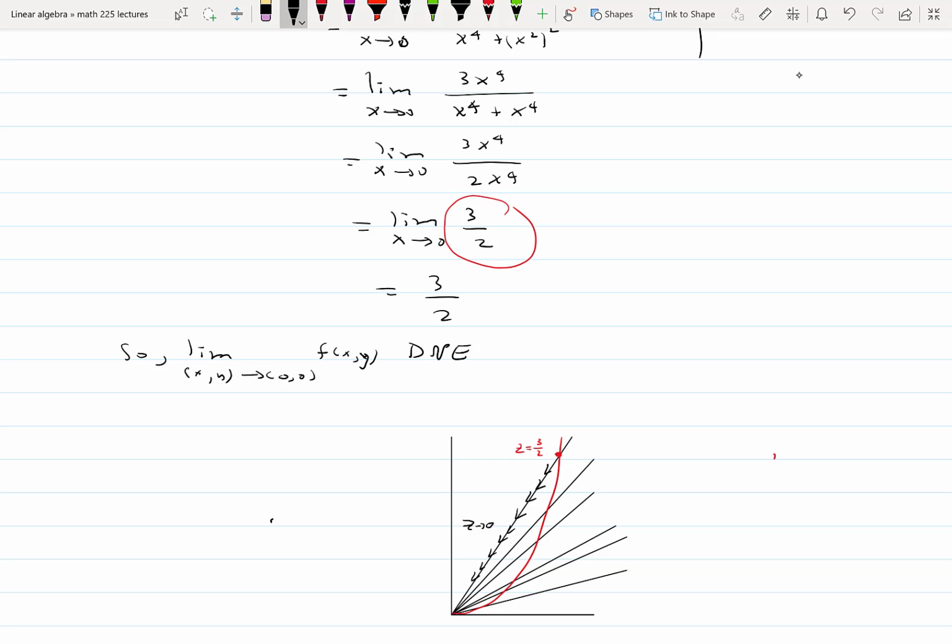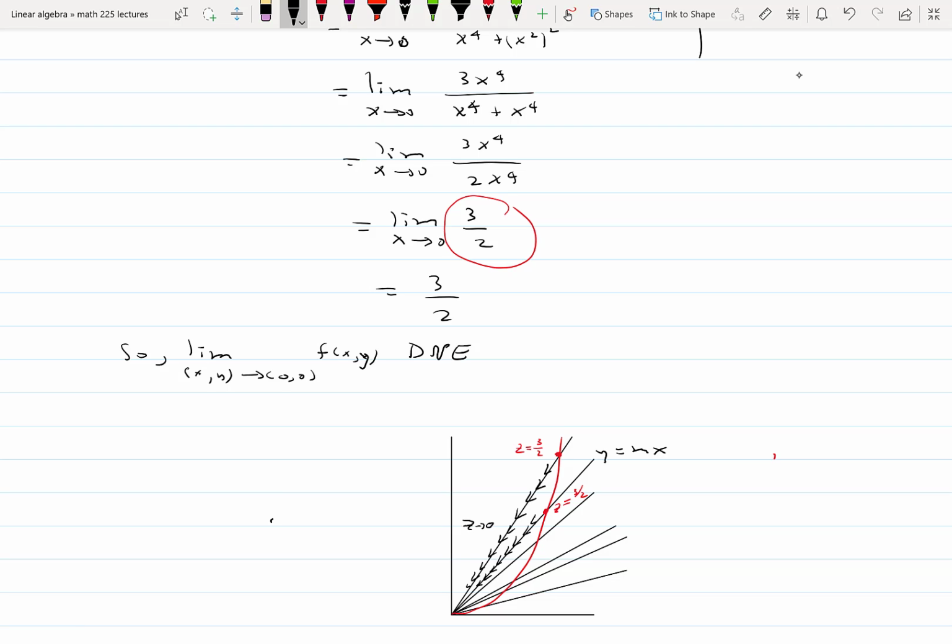Okay. Let's jump to a different line. Let's jump to the next line where that intersects that parabola right here. What's the z-value right there? The z-value is 3/2. But if I start at that point and stay on the line and approach 0 along the line, the z-values approach 0. Remember, no matter what line I'm on, y equals mx, the z-values will approach 0.